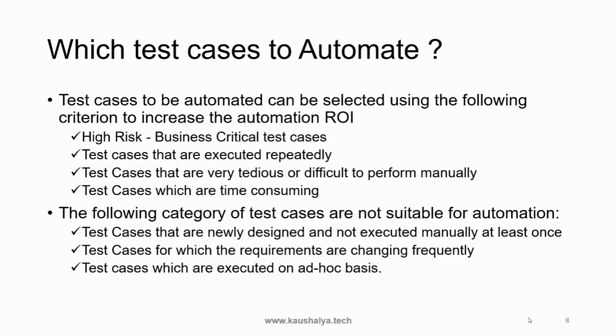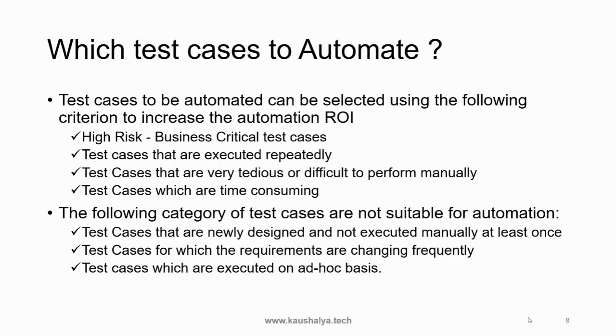And in some scenarios the requirements are changing quite often, so that may not be a suitable candidate for automating. And also there are a few business use cases which are executed on an ad hoc basis, at least once in a while.